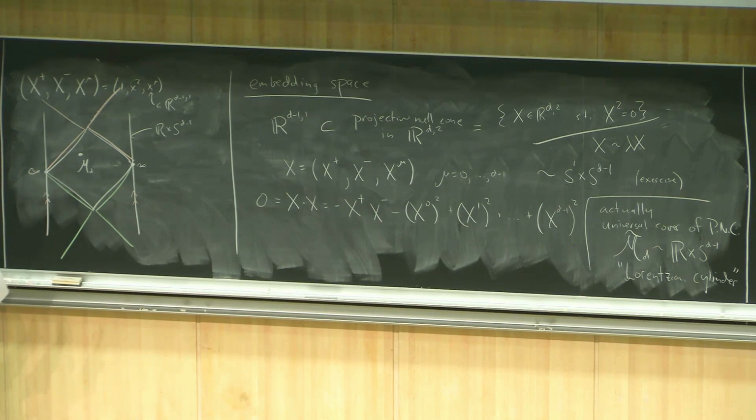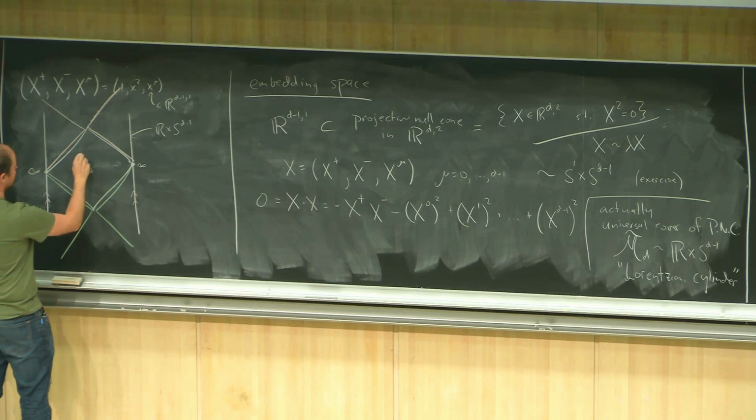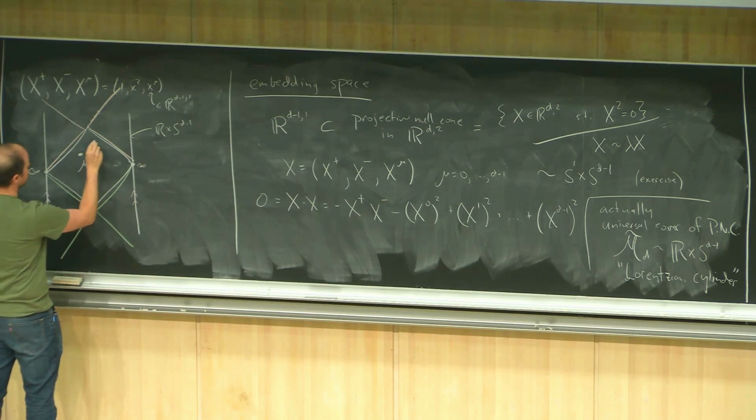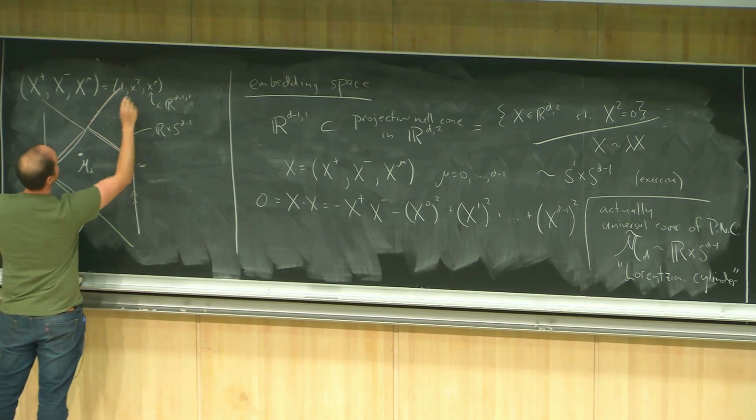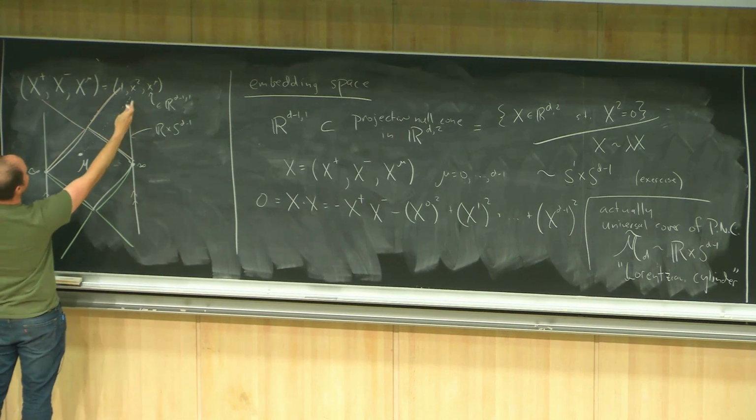The way to find it is by starting with this point and sending light rays in all directions. You'll find that the light rays will go around and they'll reconverge somewhere. The point where they reconverge is this next image point in the next Minkowski patch. So let's do it. We start with this point and send a light ray off, and it goes off this way, and then it wraps back around.